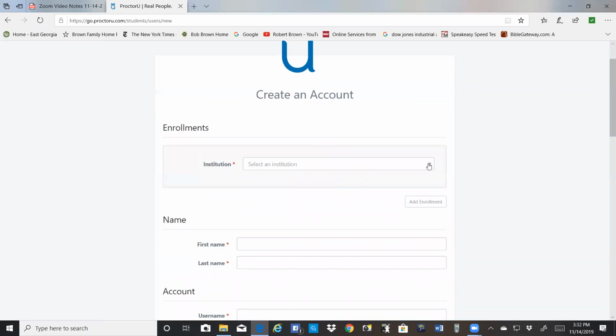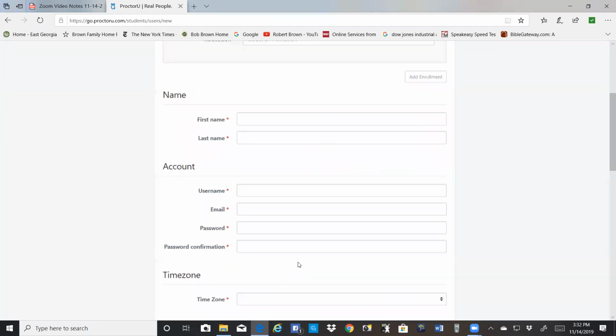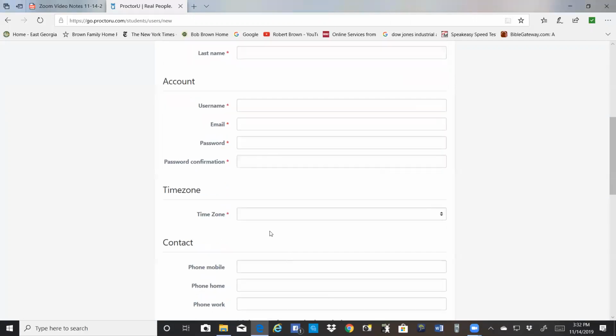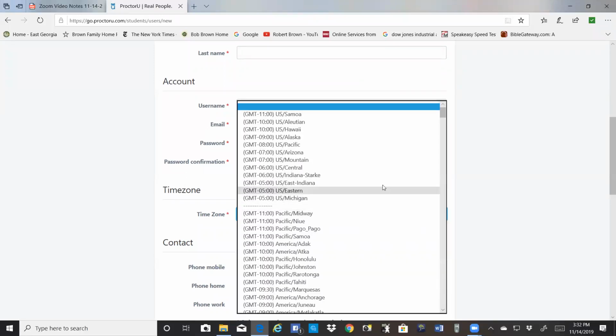Select your institution. You can put in East Georgia State College, your name, your last name, pick a username, which I suggest that you pick your East Georgia email address, and then of course put your East Georgia email address and pick a password. Your time zone will be US Eastern.